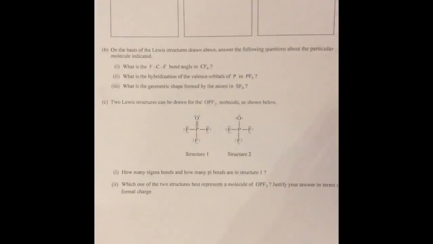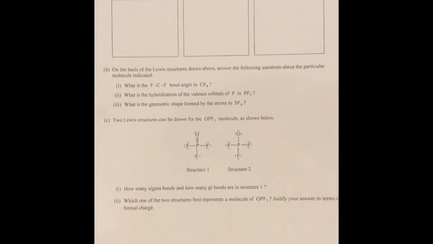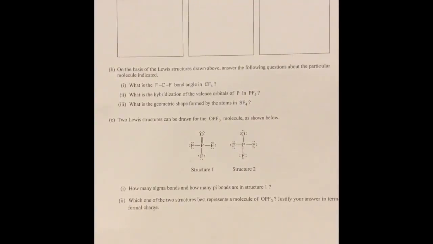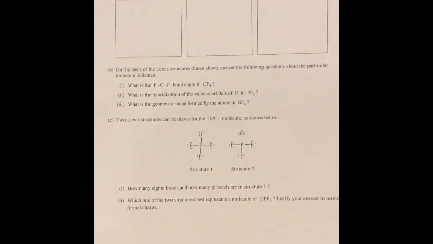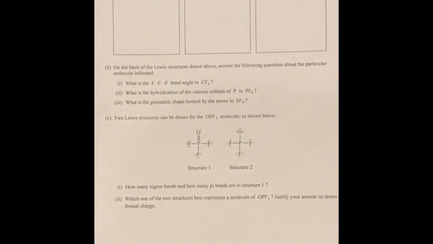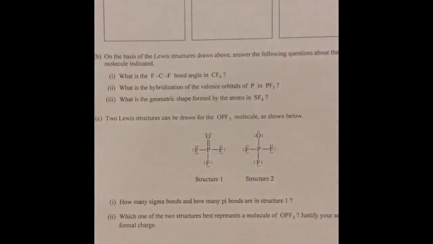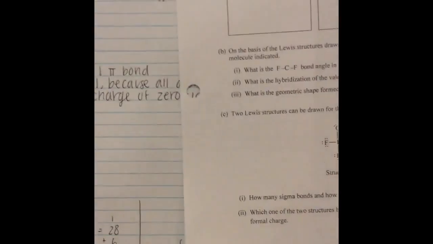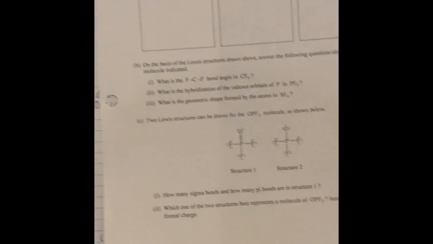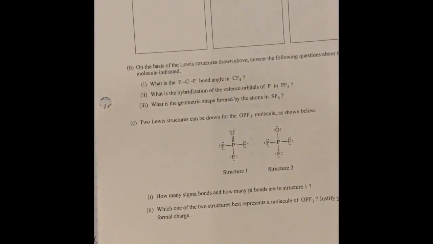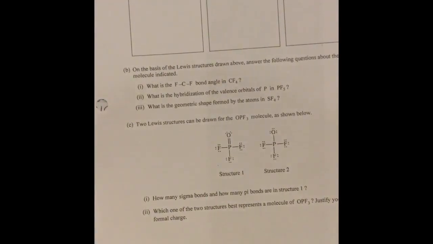And for part C, it says 2 Lewis structures can be drawn for the OPF3 molecule as shown below. How many sigma bonds and how many pi bonds are in structure 1? So looking at structure 1, I determined that there are 4 sigma bonds and 1 pi bond. A sigma bond represents single bonds and pi bonds represent double or triple bonds.